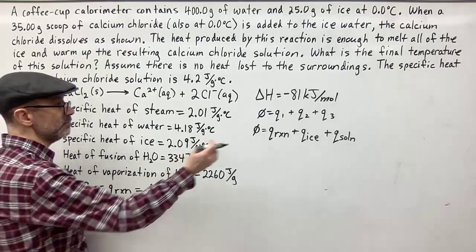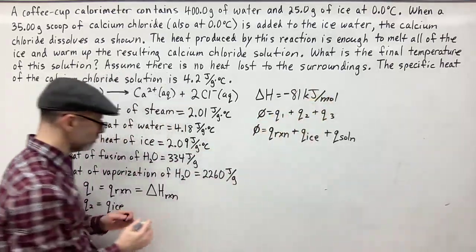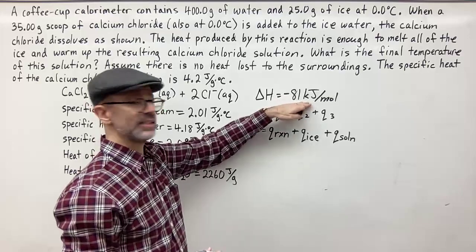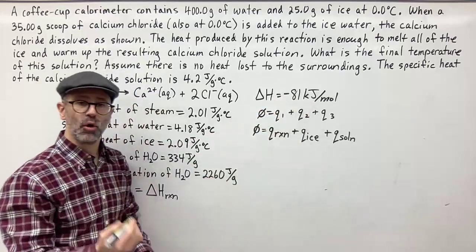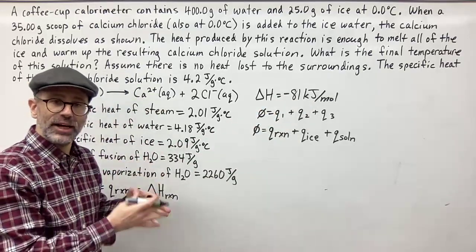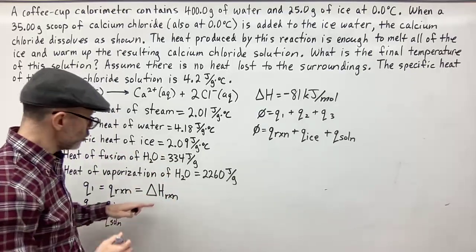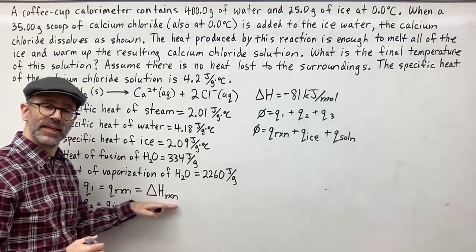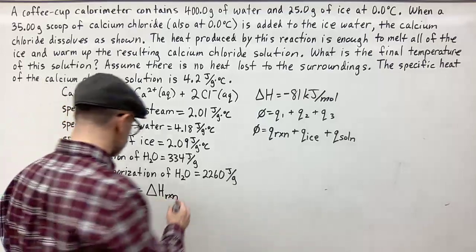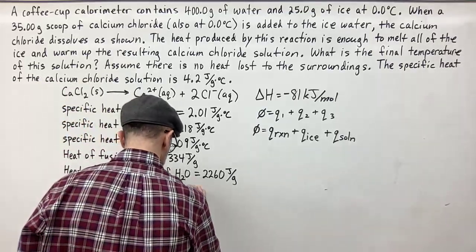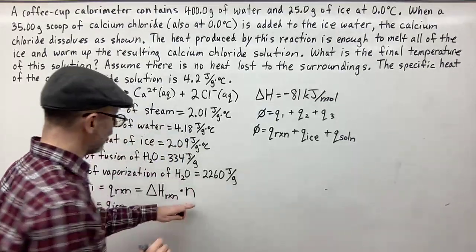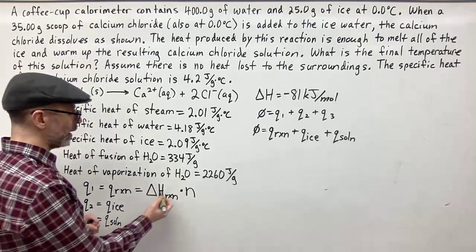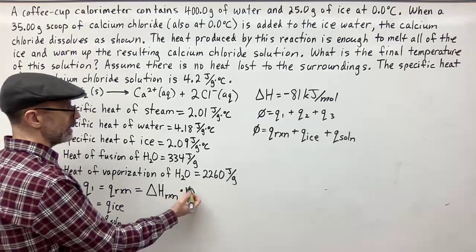In this case, I have kilojoules. But delta H, the heat of the reaction, is kilojoules per mole. I don't want per mole. I want just the energy unit. I want the heat. So in order to get Q, the heat, I need to take this and multiply it by moles. N is the number of moles. Okay, so now I have the heat of the reaction.